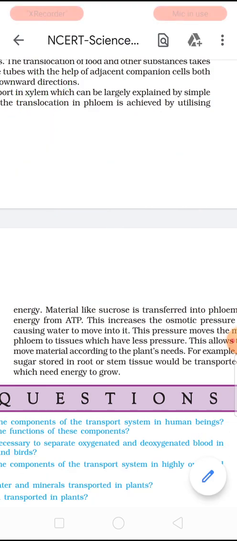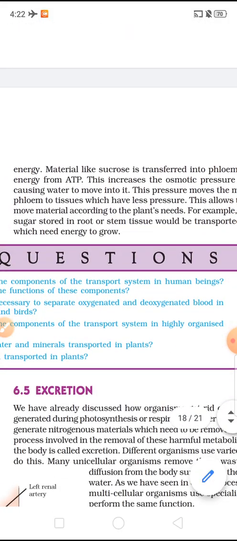So from this region the food will move to that region where it is growing, it is dividing, and it is increasing in length. So whatever food is prepared, it moves to that area. So it is moving from one area to another area.